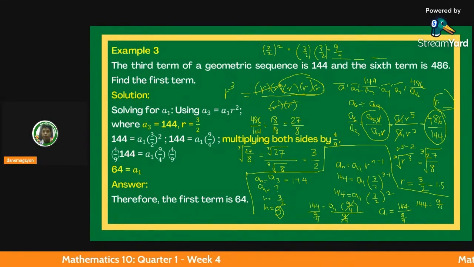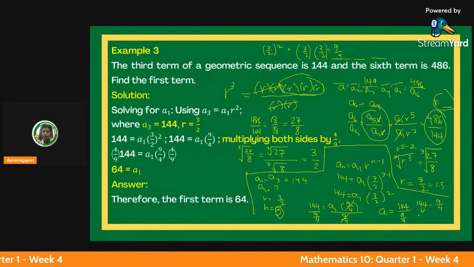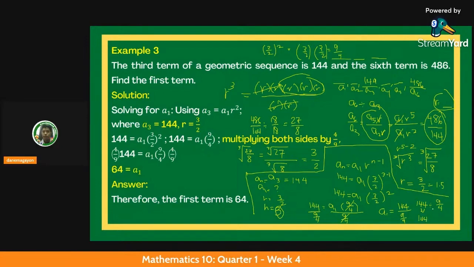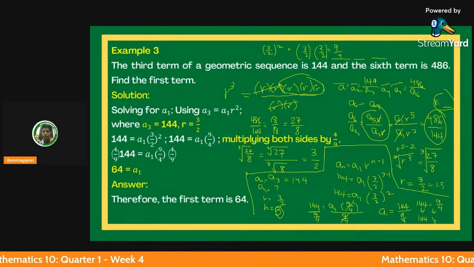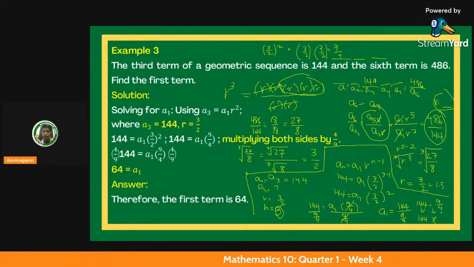Ayan siya. Then, ang gagawin natin, since this is division, we copy yung 144. We change the operation from division into multiplication. And then, we get the reciprocal of 9 over 4 as 4 over 9. So, ayan siya.